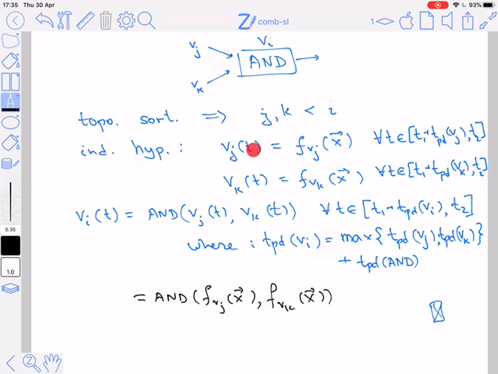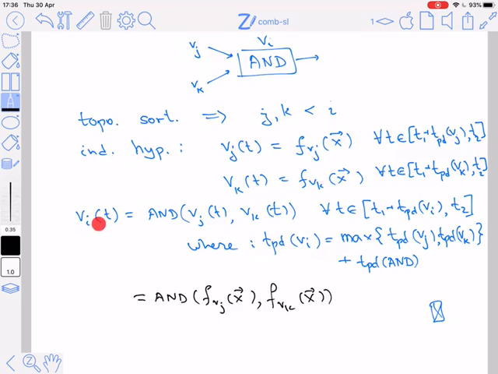The induction hypothesis tells us what is the value of Vj and Vk at time t, where t goes from t1 plus TPD of Vj until t2, and we have this interval for Vk. It tells us this signal is going to equal the function that we assign to Vj, and this signal will equal the function that we assign to Vk.